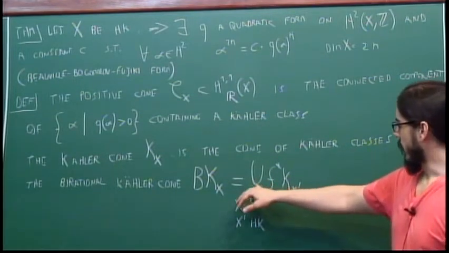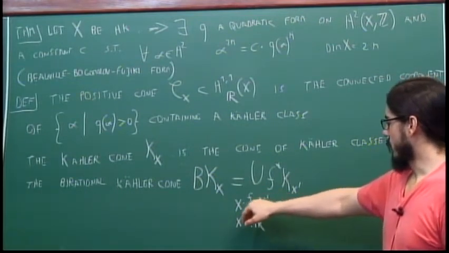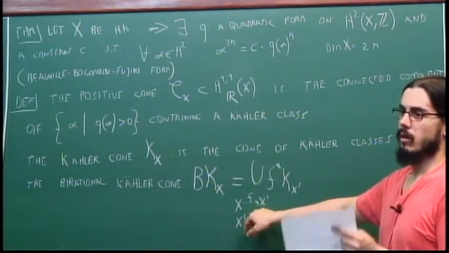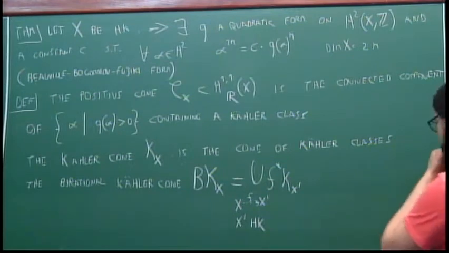So this is well defined because the canonical divisor is 0, so the indeterminacy locus of these maps will be of codimension at least 2. So on divisors, everything is fine.